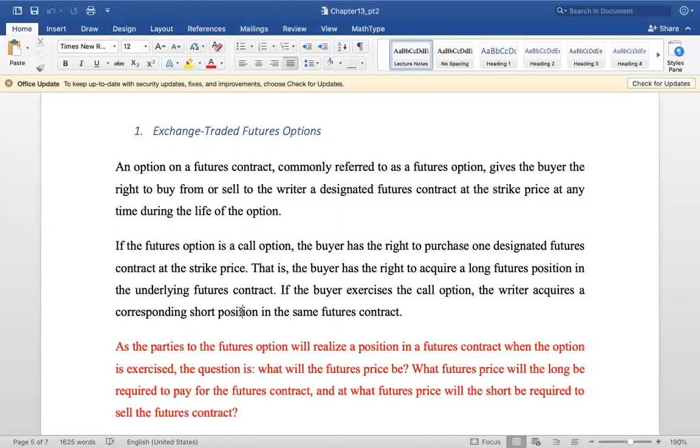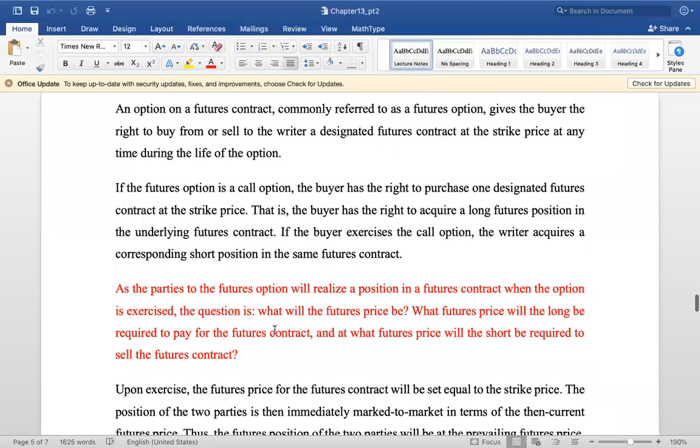Alternatively, if it's a put option on a futures contract, then the buyer has the right to sell. That is, the option buyer has the right to acquire a short position, and the option seller will be holding a long position in the underlying futures contract. As parties to the futures contract, futures option holders will realize a position in the futures contract when the option is exercised.